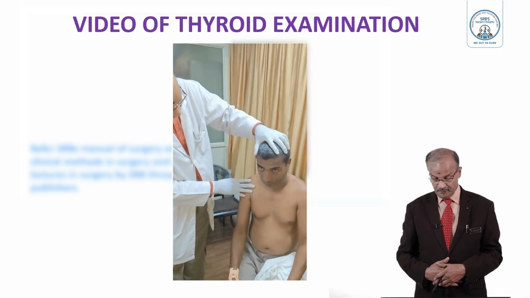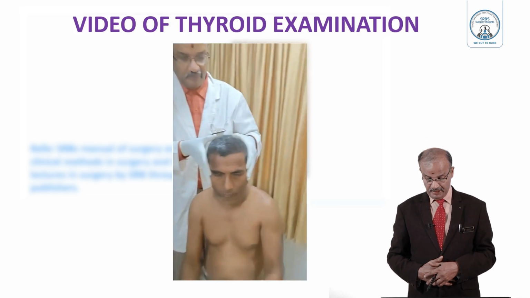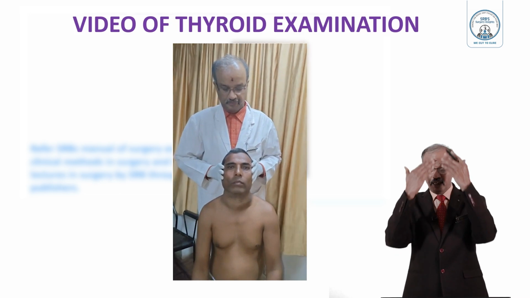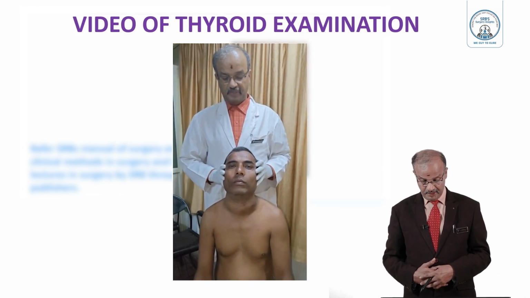Joffroy sign, wrinkling. Naffziger test. From behind you have to see, the line should be like this, alignment. Eyeballs should be in the same line.